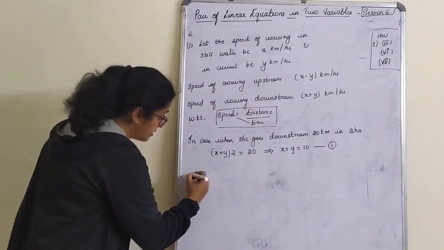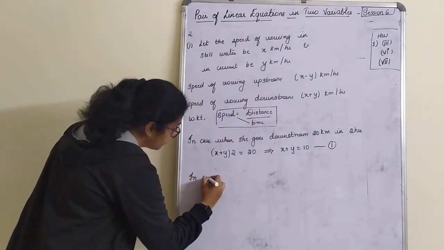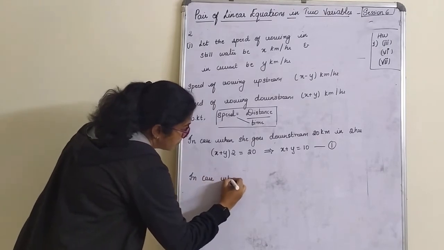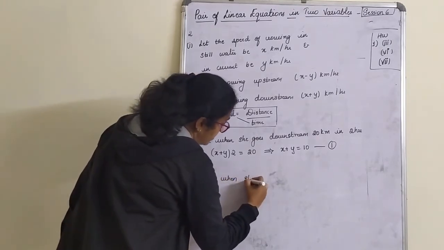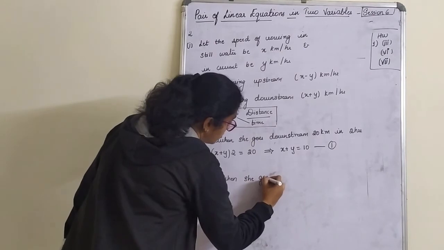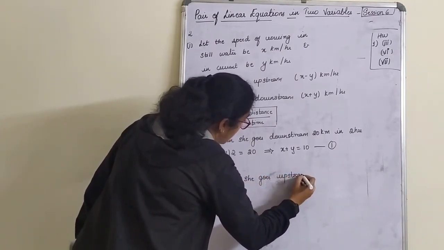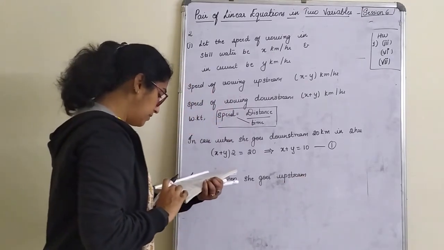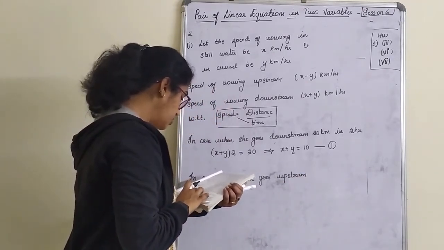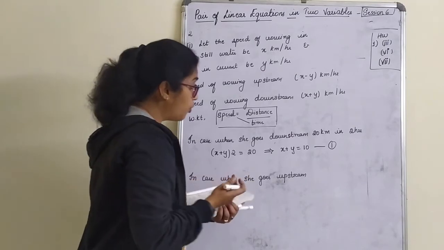Next case: in case she goes upstream, how much does she go upstream? Upstream 4 kilometers.